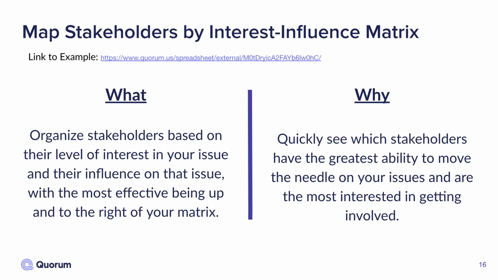So these can be done using Quorum's Sheets tool, but this knowledge can help you prioritize which stakeholders you should be engaging with. It may be obvious, but your first priority should be meeting with the folks that have a high interest and a high influence on the issue that you care about.